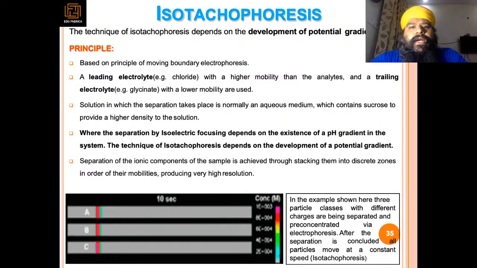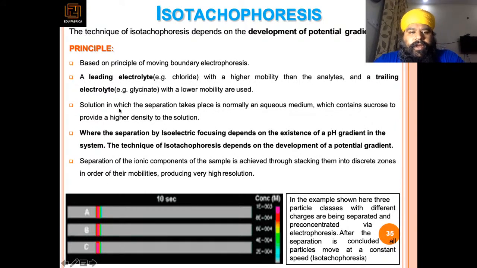A leading electrolyte with higher mobility than the analytes and a trailing electrolyte with lower mobility are used. The solution in which the separation takes place is normally an aqueous medium which contains sucrose to provide a higher density to the solution. Where separation by isoelectric focusing depends on the existence of a pH gradient in the system, isotachophoresis depends on the development of the potential gradient.